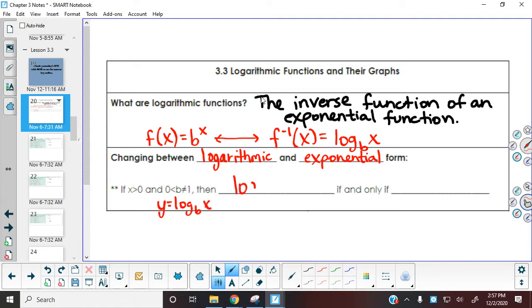I do log base b of x equals y, and then I kind of go around in a circle. So what I mean by that is I'm going to take my b, my base of my log, it is also the base of my exponent. So b to the y equals, and then I'm going to go around to finish that circle, equals x. So on the right, we have an exponential form, and on the left, we have a logarithmic form. Obviously to go the other way, we would need to undo that process.